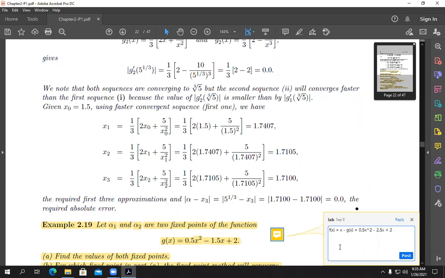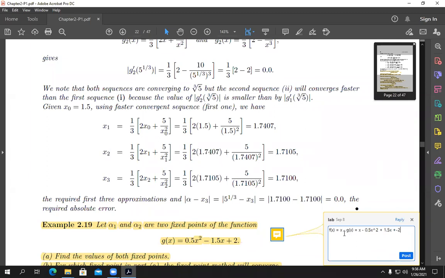Okay, now let's see. Let's do the proper way now. We have x minus 0.5 x square, right? Plus 1.5 minus, because x minus g is your this one, and outside the g is what?